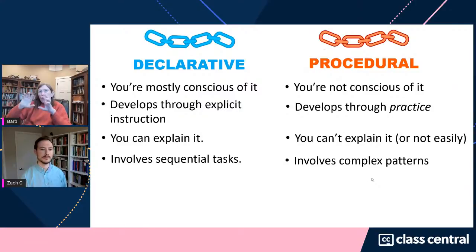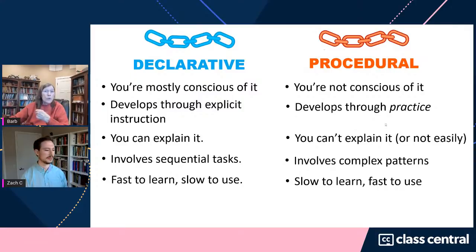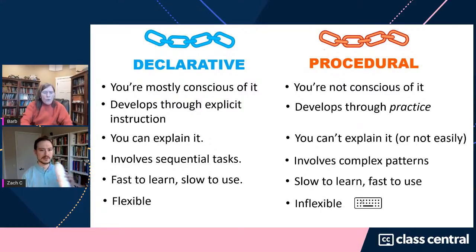So what you're doing is practicing lots of different ways, and you begin to see the pattern that has developed, and you're using the procedural system to do that. Now, your procedural system is very fast, like learning to type, you're very fast at it, but it's also not that flexible. In other words, if somebody changed my keyboard, I would find it difficult to relearn how to type. But declarative learning is quite flexible.